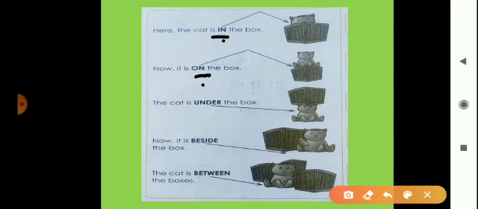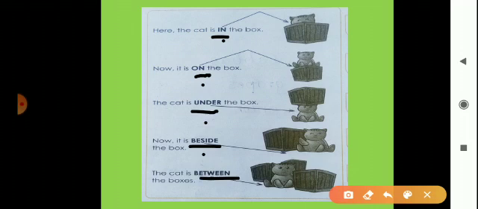The cat is under the box. Where is the cat? Under the box. So under is also a position word. Now it is beside the box. Where is the cat? Beside the box. So beside is also a position word. And the cat is between the boxes.